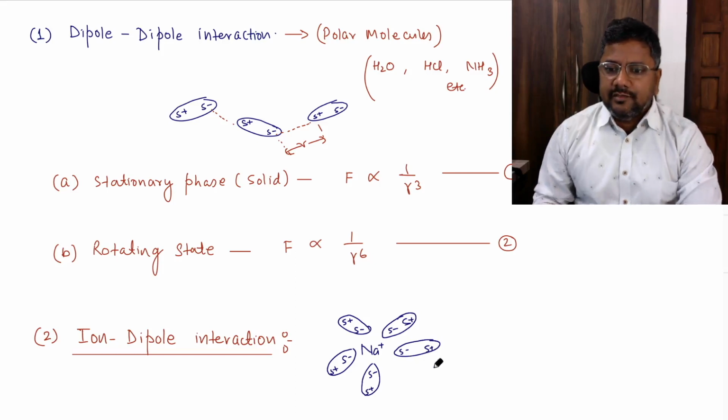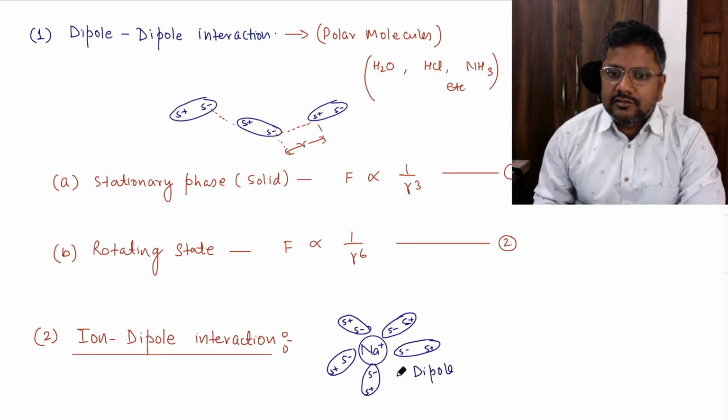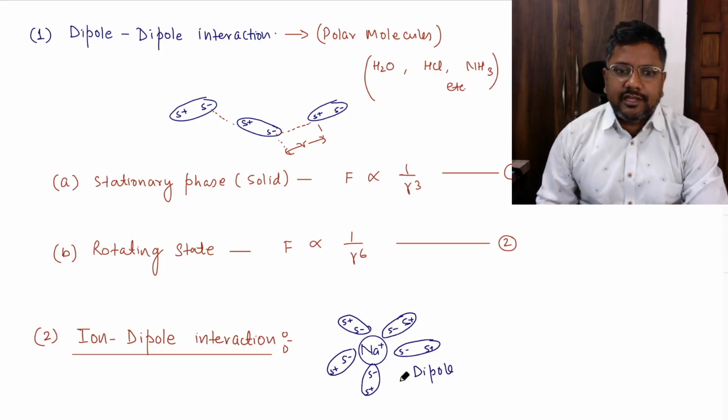So this is a dipole, and this is an ion. So this is called ion dipole interaction.